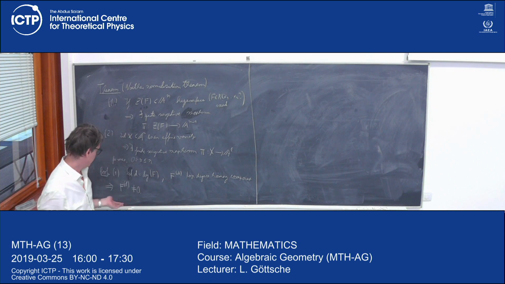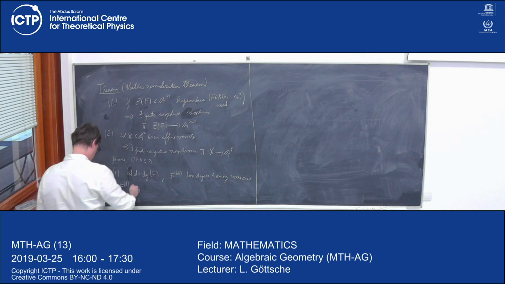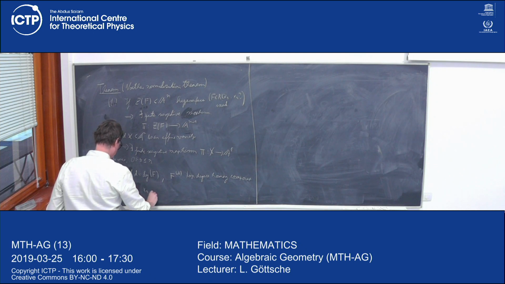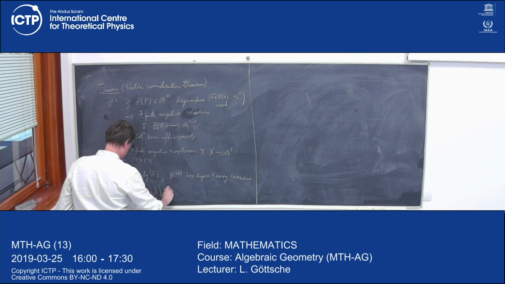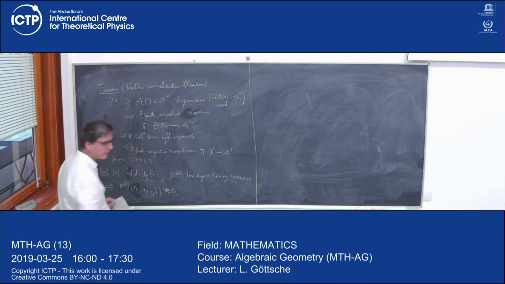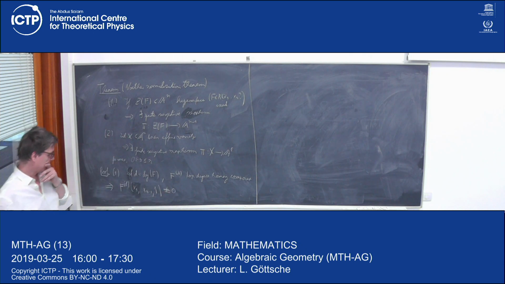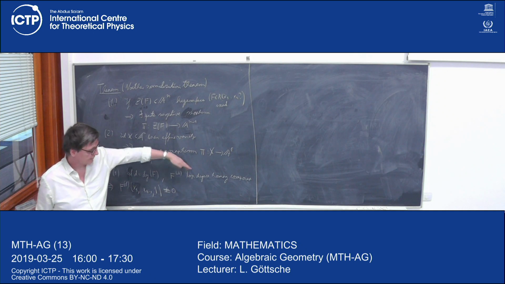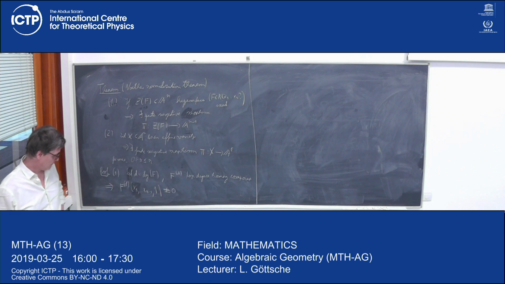So this is a non-zero homogeneous polynomial. Actually, this is not what I wanted. f_d(x1, ..., x_(n-1), 1) is not the zero polynomial. Why is that? f_d obviously is a non-zero polynomial because I take the top degree homogeneous component.